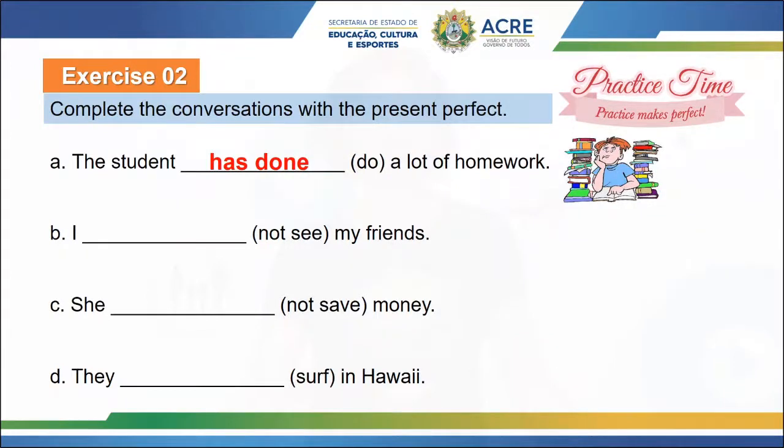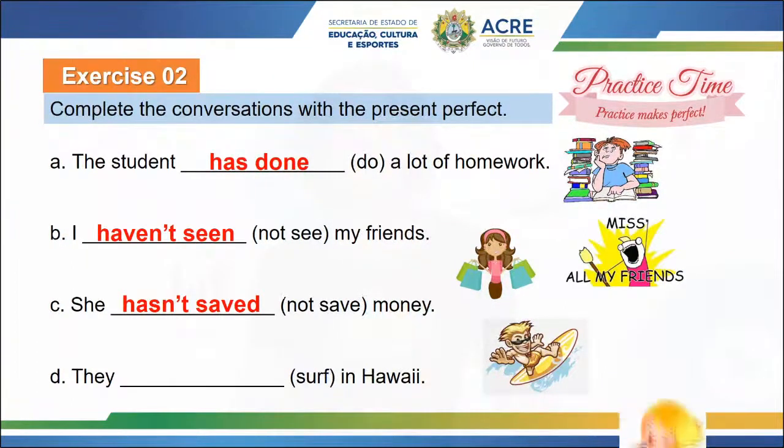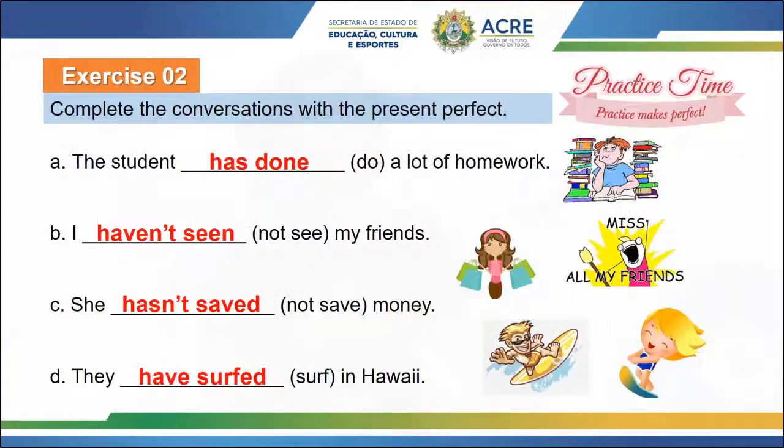Letter B. Think about it. Let's check. I haven't seen my friends. Letter C. Time to think. Let's check. She hasn't saved money. Letter D. Think about it. Let's check. They have surfed in Hawaii.